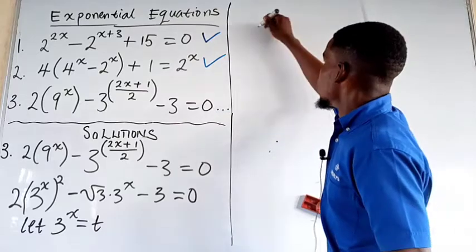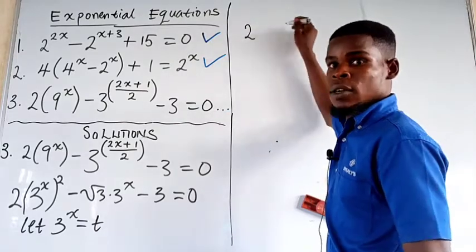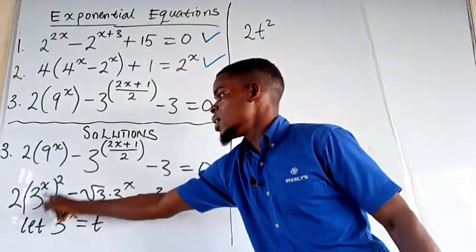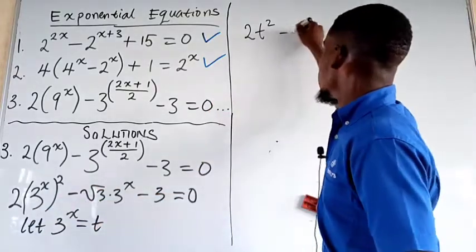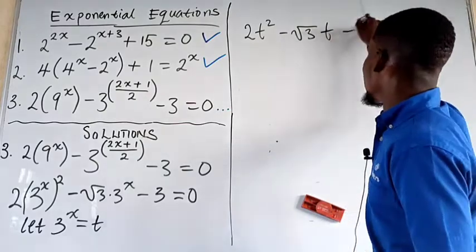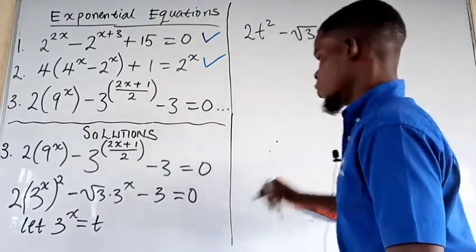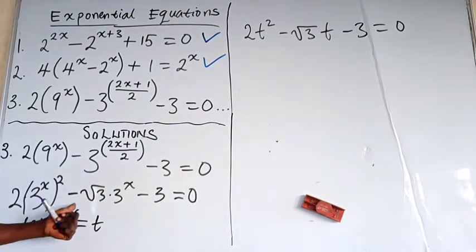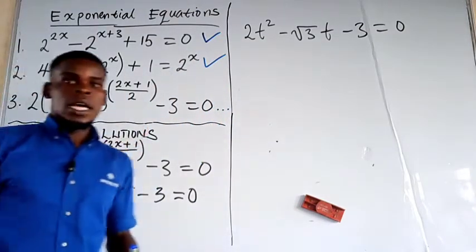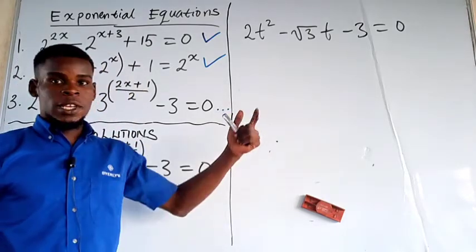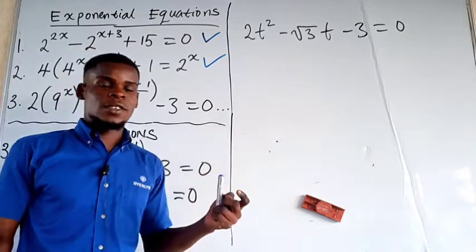We are going to have 2 times t squared minus the square root of 3 times t, minus 3 equals 0. So in place of 3 to the power of x, we just put t. Okay, this minus that. Okay, great. Now here we are going to use the quadratic formula to solve this quadratic equation.